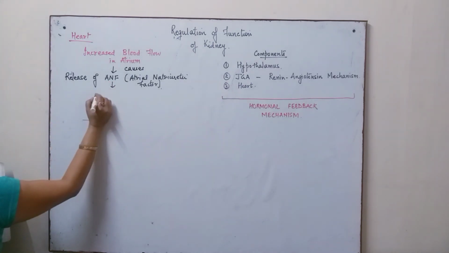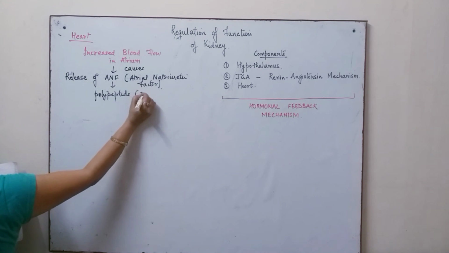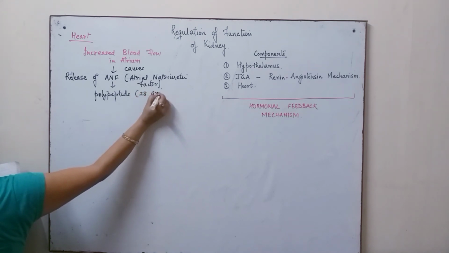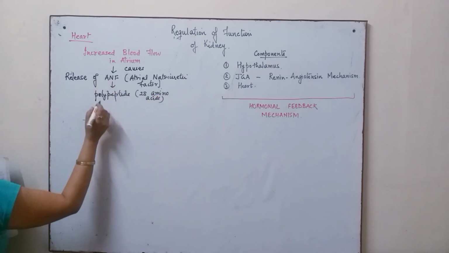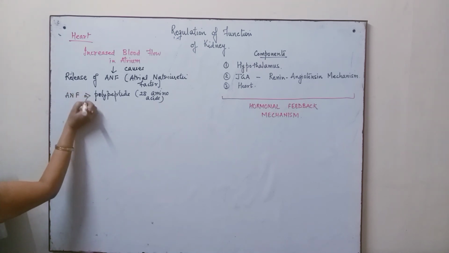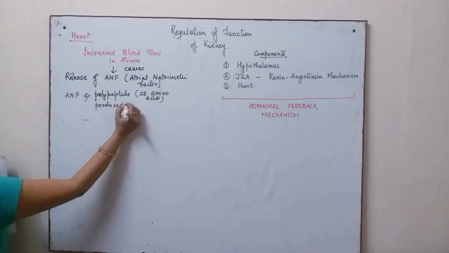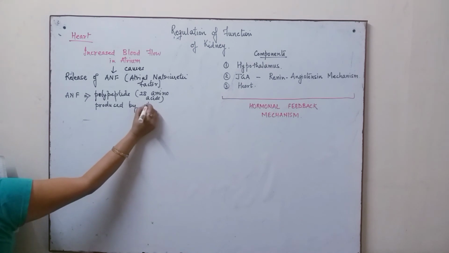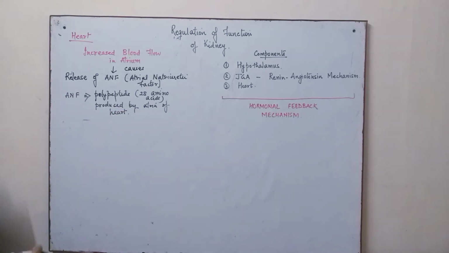So ANF is a polypeptide with 28 amino acids, and it is produced by the atria of the heart. So this is ANF.